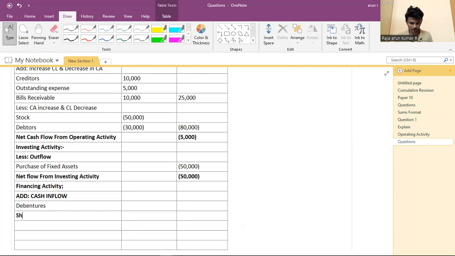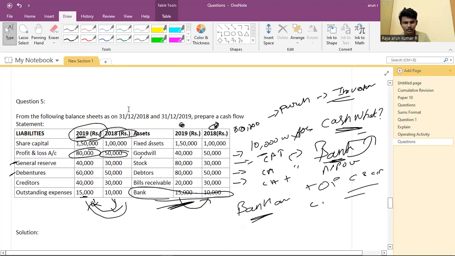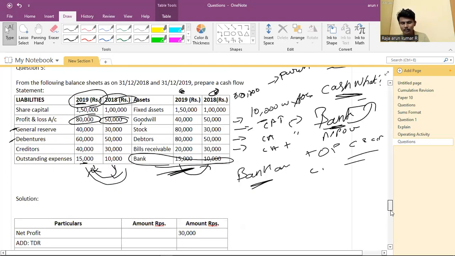Then share capital. Share capital also increases. We issue the shares and receive the cash. That's why we show the inflow of cash in the financing activity. 1 lakh in the opening, closing 1,50,000. We issue shares and collect the money.